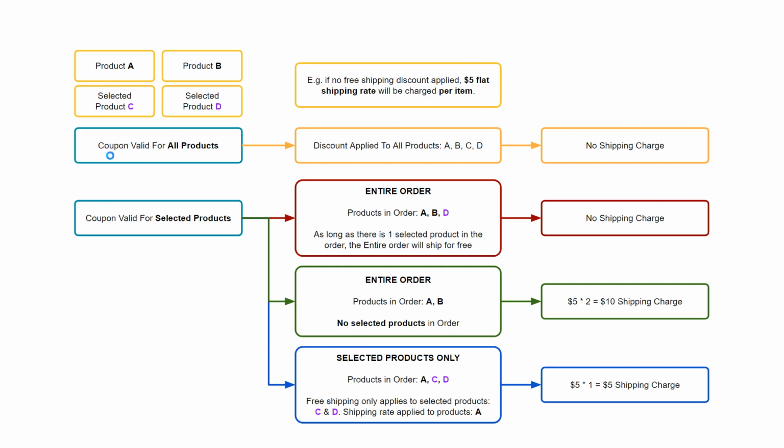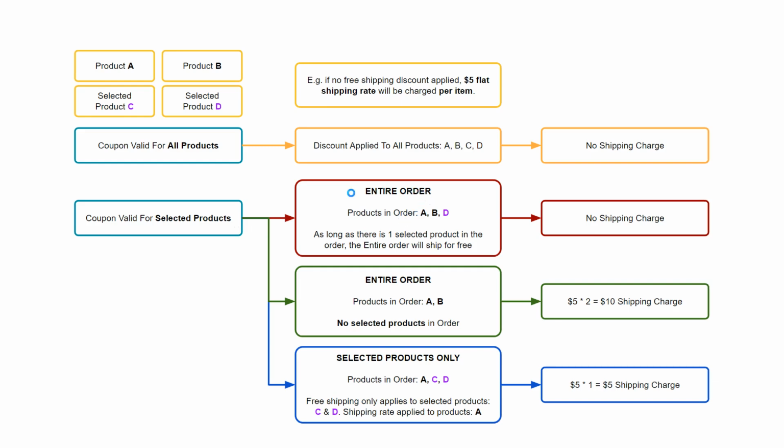So let's say the coupon is valid for all products. The discount is applied, let's say it's automatic, right? No shipping charge will be applied. So that's easy, straightforward. So what if the coupon is valid for only selected products?